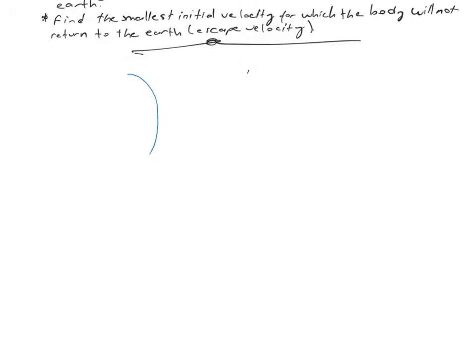This is the Earth and its radius r. This is the positive x direction. But the gravitational field is towards the Earth. Let's say F gravity. Gravitational force is inversely proportional to the square of the distance.